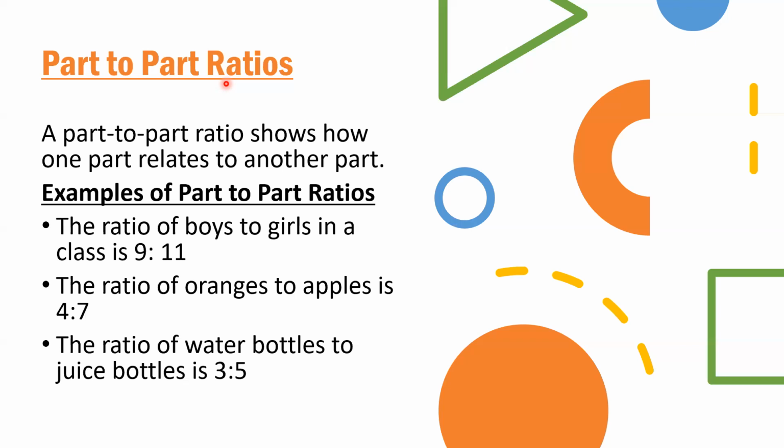The ratio of oranges to apples is 4 to 7. The ratio of water bottles to juice bottles is 3 to 5. Very good. So all those are examples of part to part ratios, showing how one part is related to another part, but all of those parts are a part of a whole, okay? Please write it down for me, please.